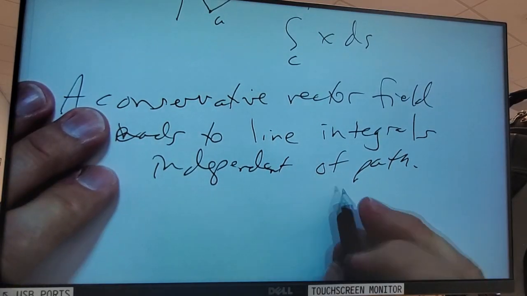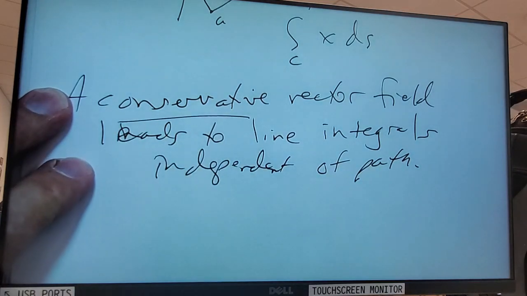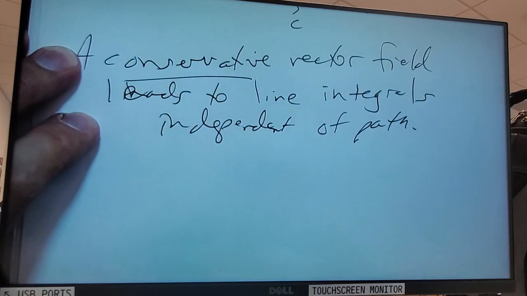So for example, we still have to figure out how to tell if something's conservative. We keep talking about how great it is.